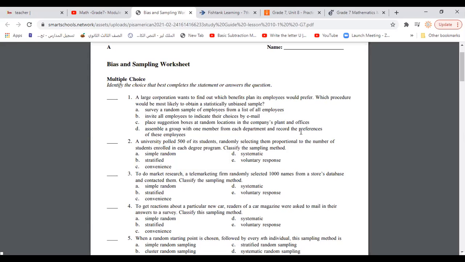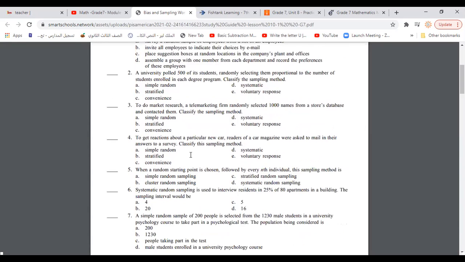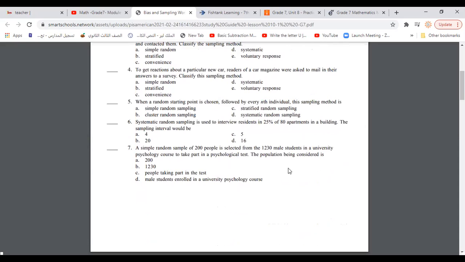No, this one will not be simple random. This one will be stratified. We are going to talk about this part later on, because we have types of samples more than random sample: systematic, voluntary response, and convenience. I only want to know which is biased and which is unbiased.